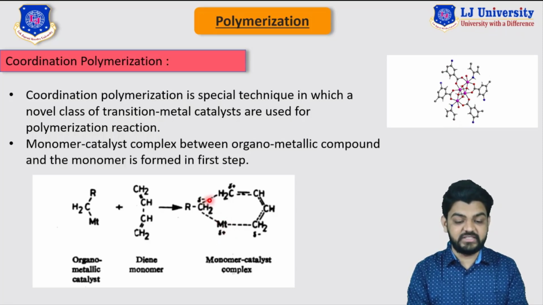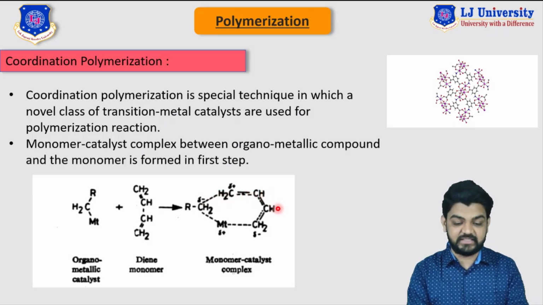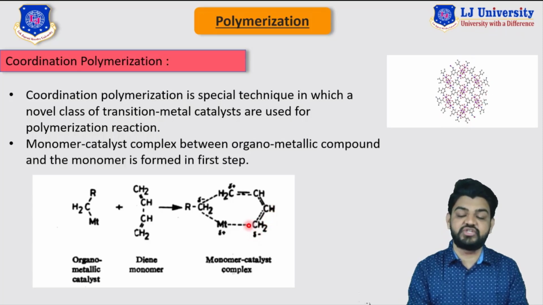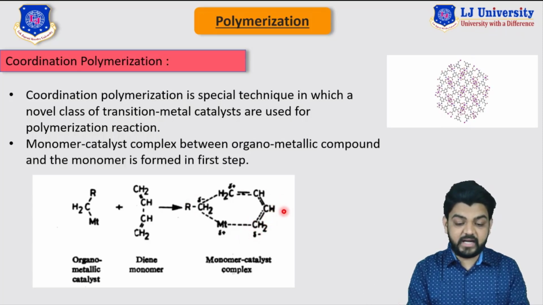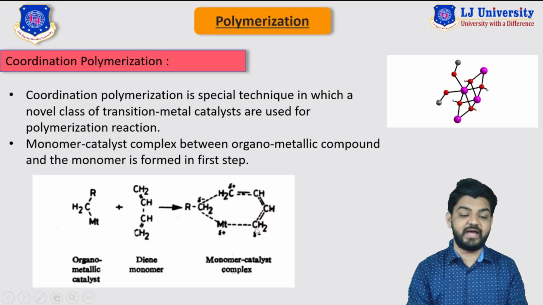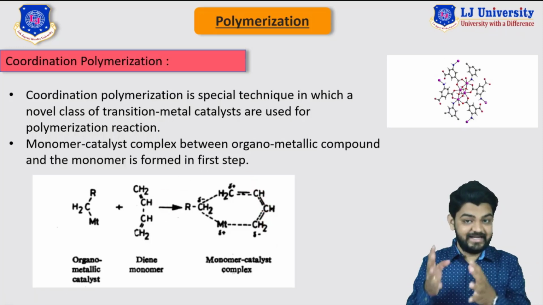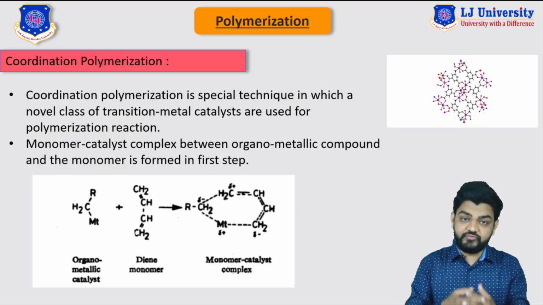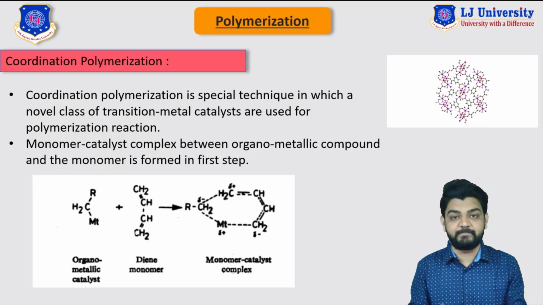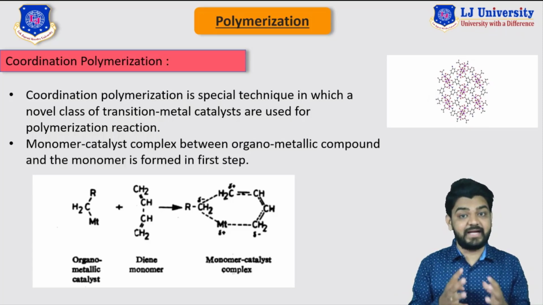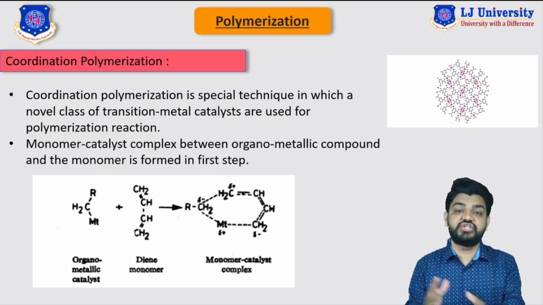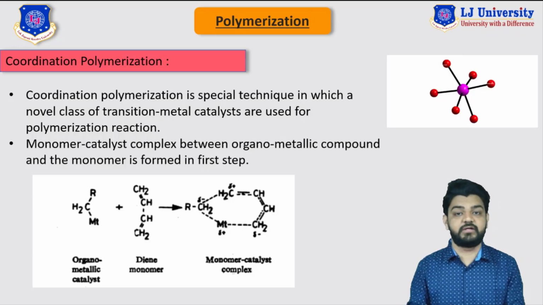You can see here this is the monomer: CH2 attached to CH, then a double bond with this CH, and this CH is attached to this CH2. This complete ring structure can be referred to as the monomer catalyst complex used for this polymerization process, and it will act as the active center for the growth of the polymer chain.